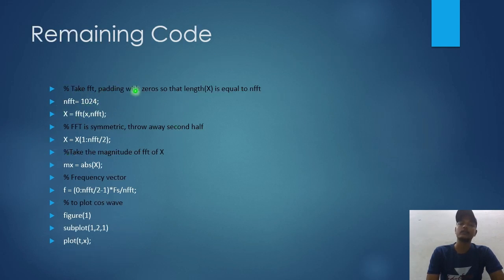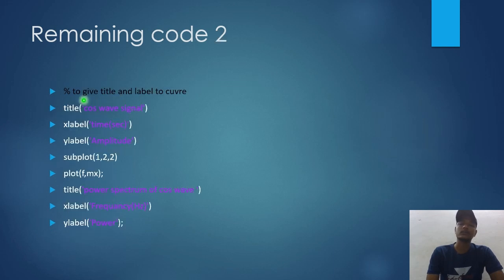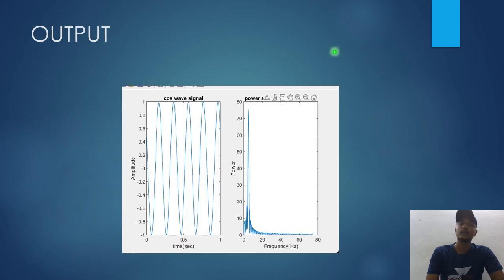Now we take an FFT with the length nfft equal to 1024, x equal to fft(x, nfft). The FFT is symmetric, so we throw away the second half, x equal to x(1 colon nfft/2), and take the magnitude of the FFT using abs. Then we implement a frequency vector and plot the cos wave, figure 1, subplot 1 by 2, 1, plot t of x. These things are all the same, and now we give the title and labels to the curve. Title cos wave, x label time in seconds, y label amplitude, subplot 1 by 2, 2, plot f of mx, power spectrum, frequency and power.